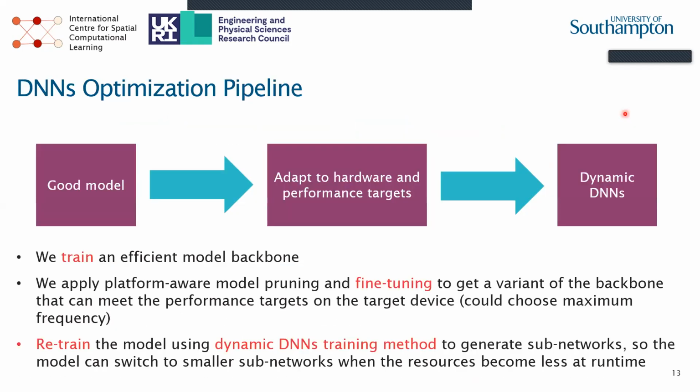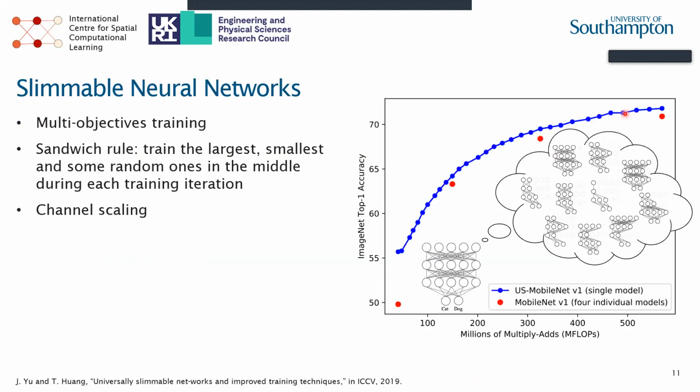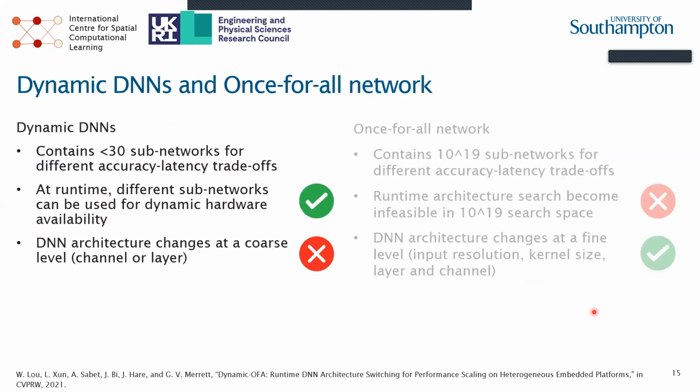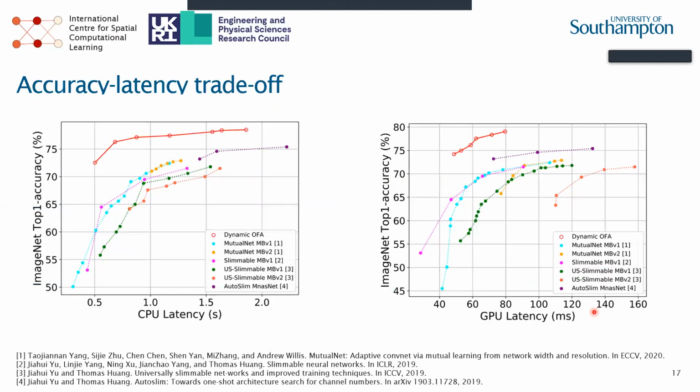This figure is FLOPs, but based on our real measurements on latency, you can see that the green line is the universal programmable MobileNet V1. Generally speaking, it has far fewer points than the FLOPs version, because if we measure latency, we see many points become suboptimal, so we just take them out.